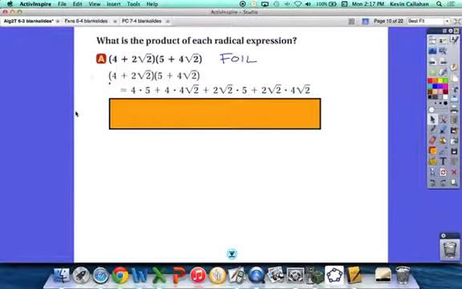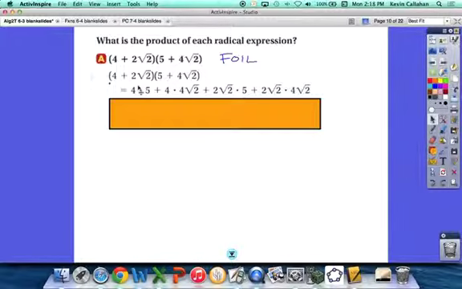All right, so here's multiplying the first: 4 times 5. Then you've got 4 times 4 root 2. Then we've got 5 times 2 root 2. And then you've got the 2 root 2 times the 4 root 2. Now let's see which things are going to simplify.